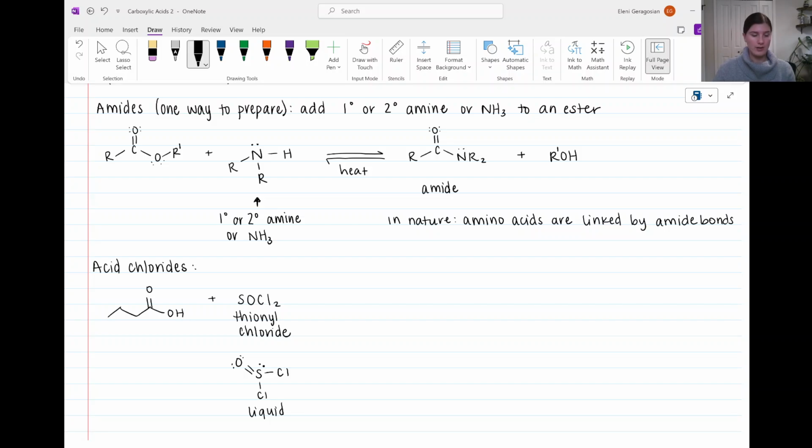And so if thionyl chloride is in the presence of a carboxylic acid, this will react to form the acid chloride, which is where the OH group from the carboxylic acid is replaced by a chlorine.